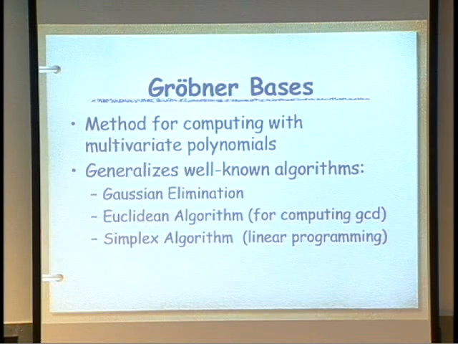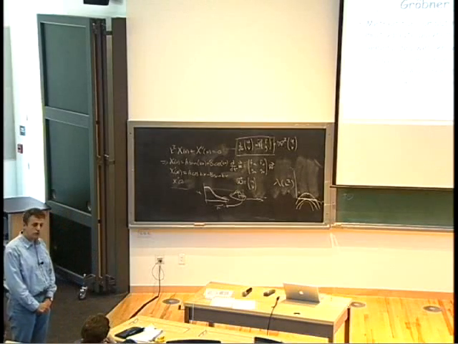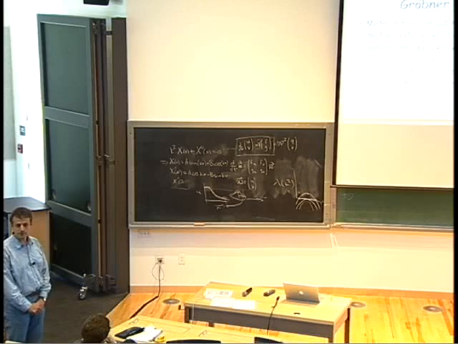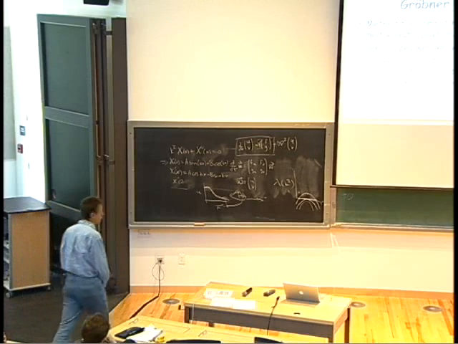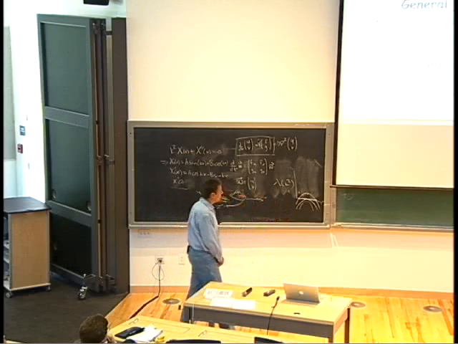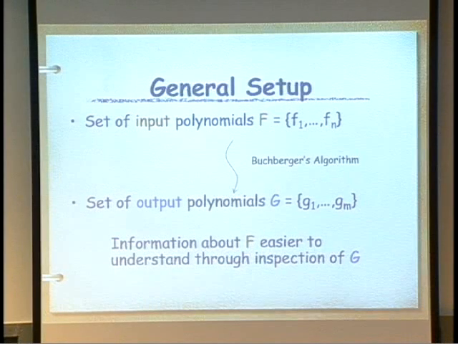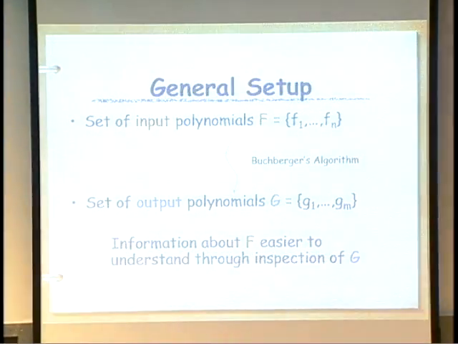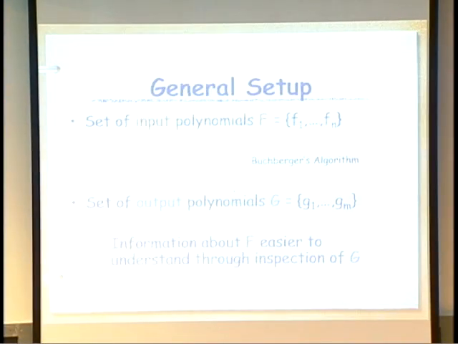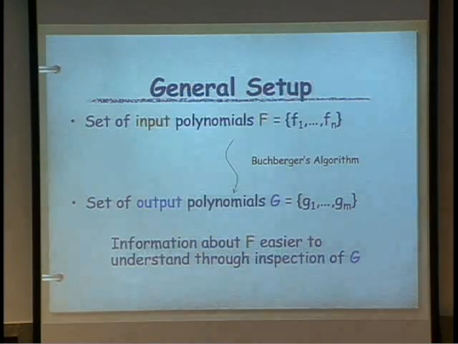Linear programming is the problem of solving linear systems of equations and inequalities over the reals. So the general setup is that we have a collection of input polynomials, f1, f2, up to fn, and they're going to be brown. So we have some bunch of polynomials, brown polynomials f.